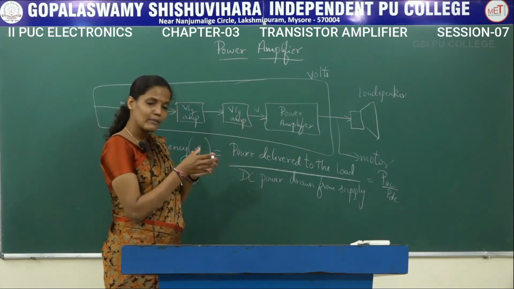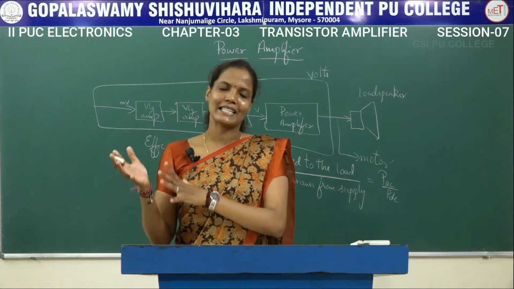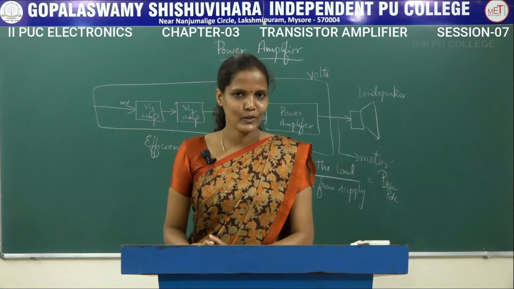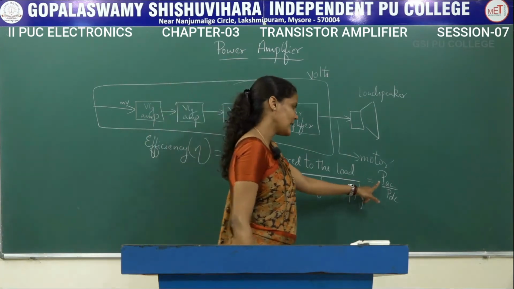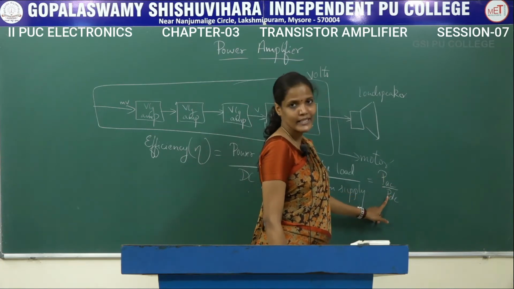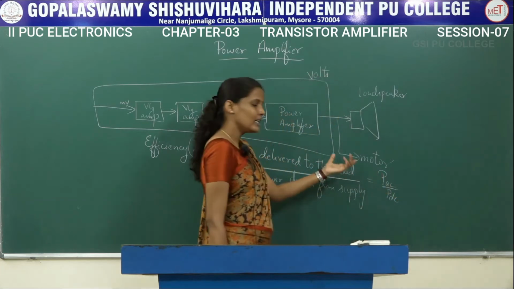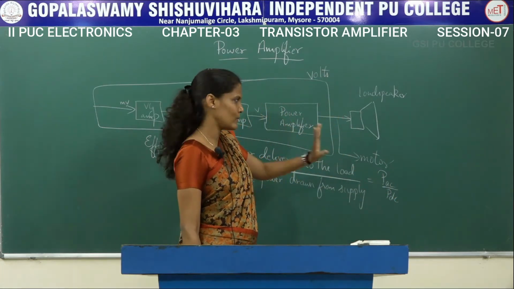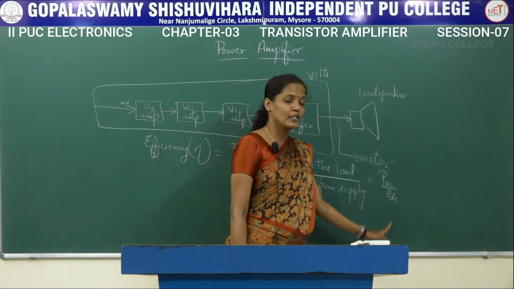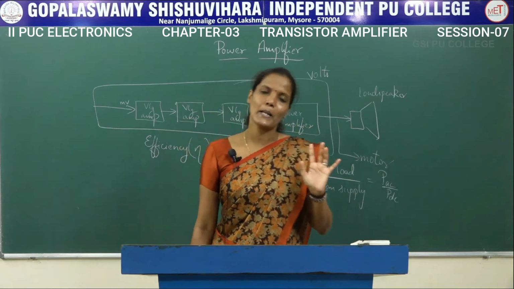So DC power ನ power supply ಇಂದ draw ಮಾಡಿ, that will be given to the AC voltage signal, which will be delivered to the load. So the efficiency can be calculated using this formula, that is PAC divided by PDC. That is the power delivered at the output of this power amplifier, that is the power delivered to the load, divided by the DC power drawn from the power supply.